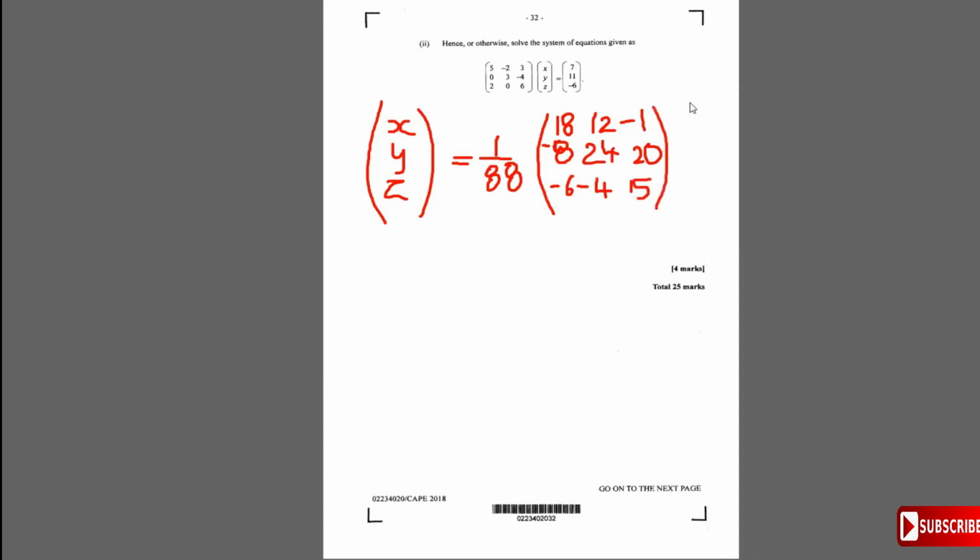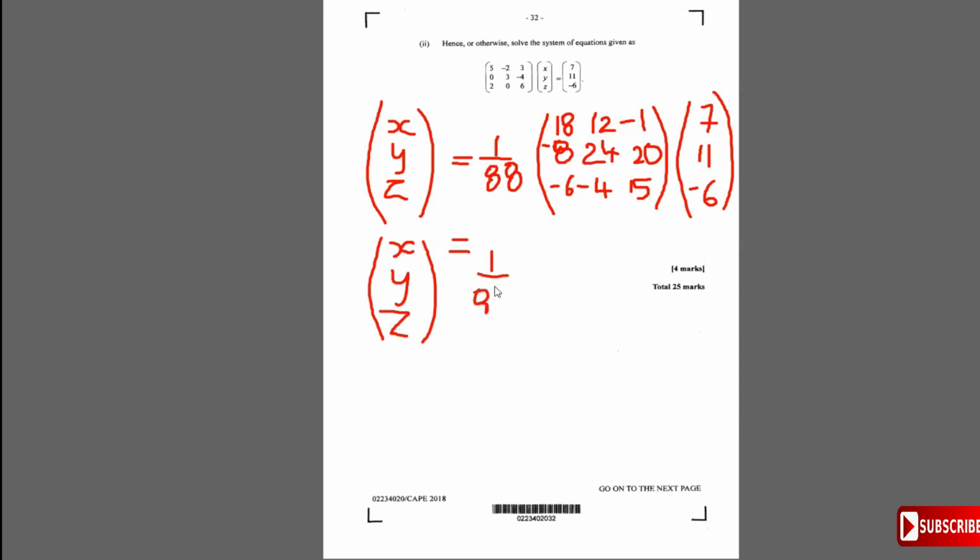Multiplied by 7, 11, minus 6. All right. So when we multiply these two across, that will give us what x is, what y is, and what z is. So multiplying them across, this is equal to 1 over 88 times row by column. So you just put that in your calculator.